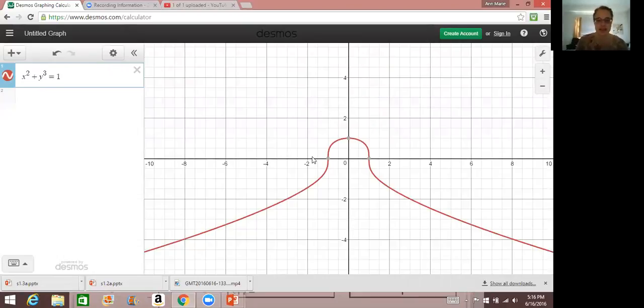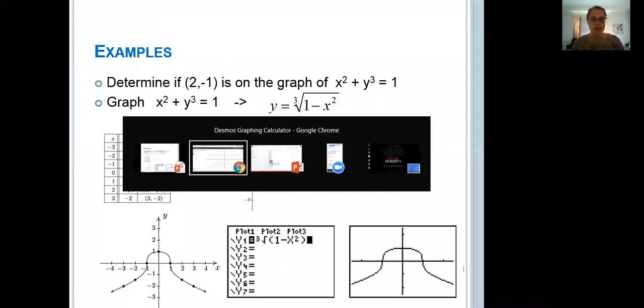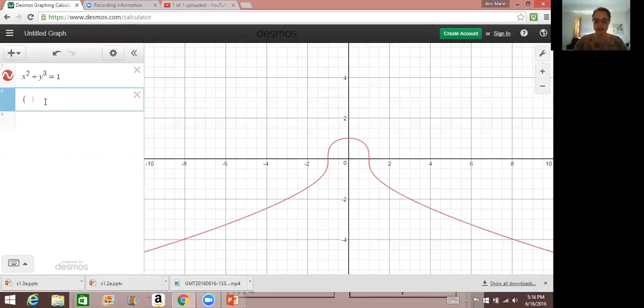And then, since we're checking a specific point, we can plug in, let's see, what is our point? (2, -1). We can ask Desmos to graph (2, -1). Oh, looky there. (2, -1) is not on the graph of my equation.